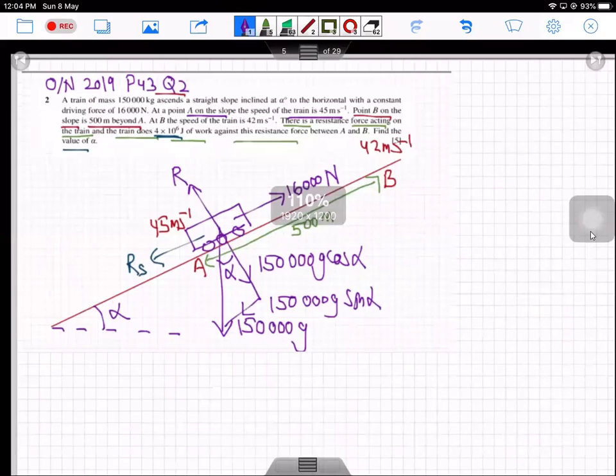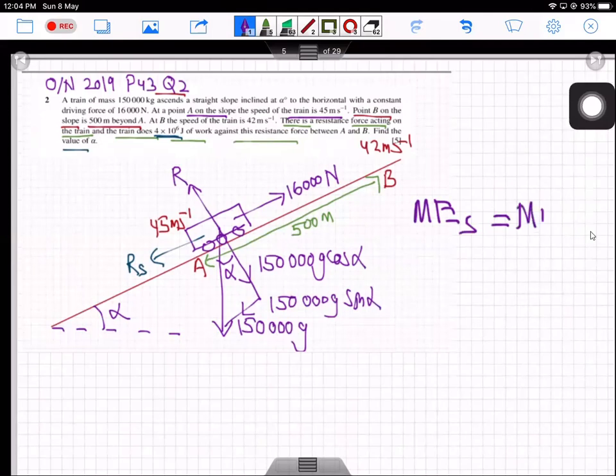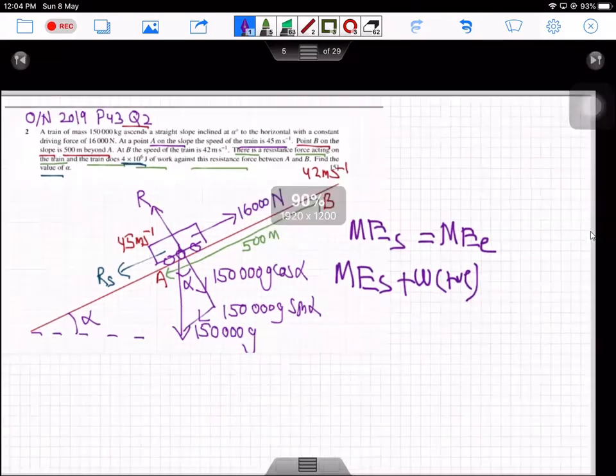The complete equation is mechanical energy at start of the journey is equal to mechanical energy at the end of the journey if there are no external forces. So the mechanical energy is a sum of kinetic energy and potential energy. But if there are external forces, so mechanical energy at start plus work done positively minus work done negatively is equal to mechanical energy at end.